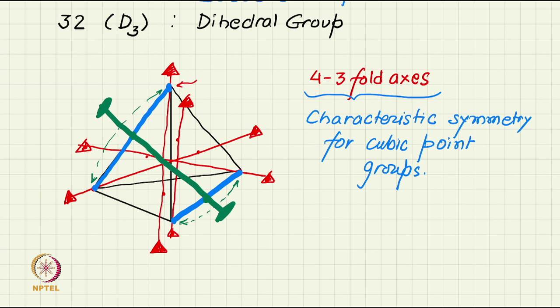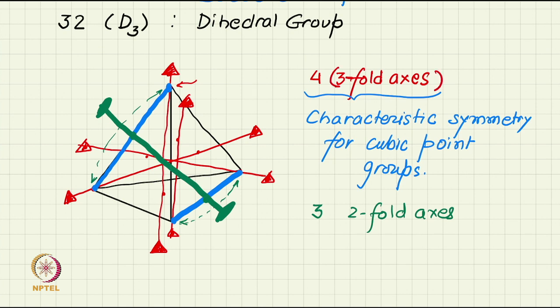So, apart from 4 threefold axes, it also has 3 twofold axes. I put the hyphen here wrongly, so let me fix that. I have 4 threefold, the hyphen should be between 3 and 4.